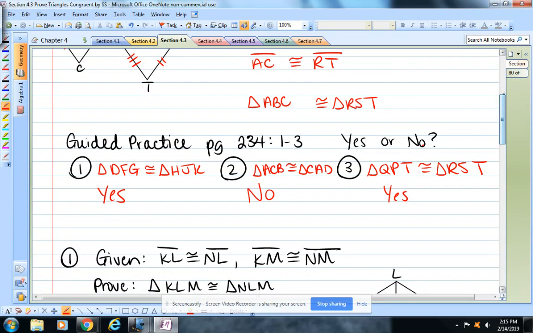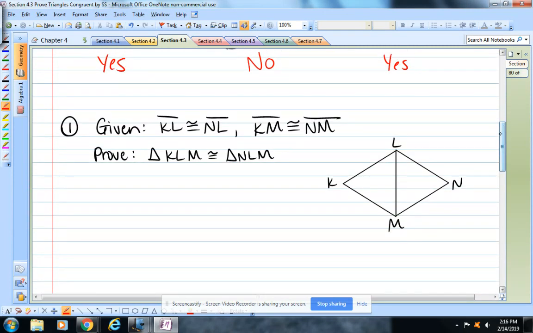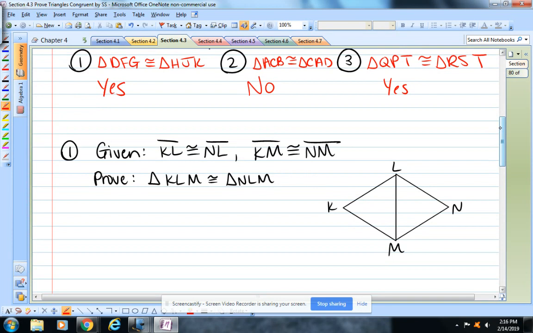Side, side, side. All right, now we get to do proofs. These are so easy. So again, you just have to make sure that your segments that are congruent match segments that are congruent, and angles that are congruent match angles. Now we're doing side, side, side today, so next week we'll focus more on the angles.